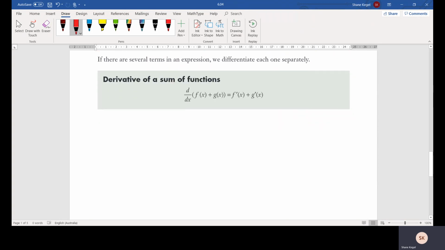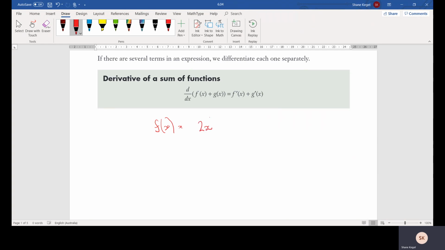So let's move on. So the derivative of a sum of functions. So if there are several terms in an expression, we differentiate each one separately. That just means that if you had a function, let's say our f of x equals, let's say, 2x cubed plus 6x squared, it's just saying do each term on its own.